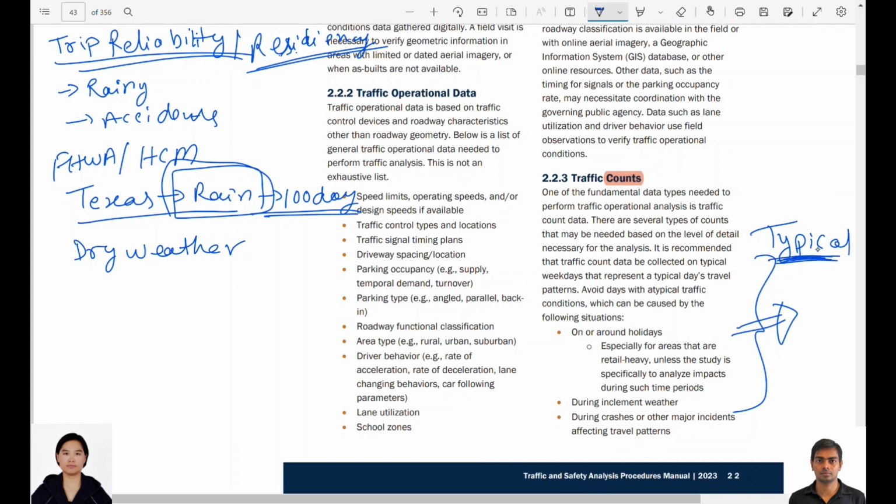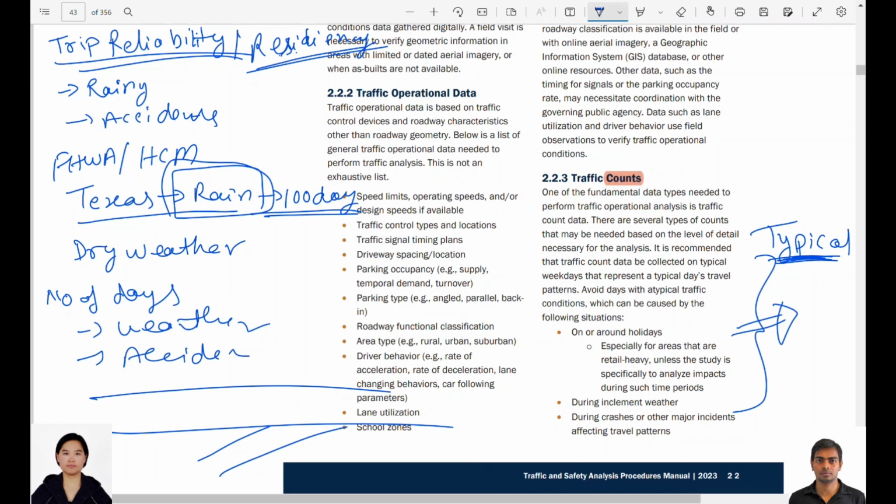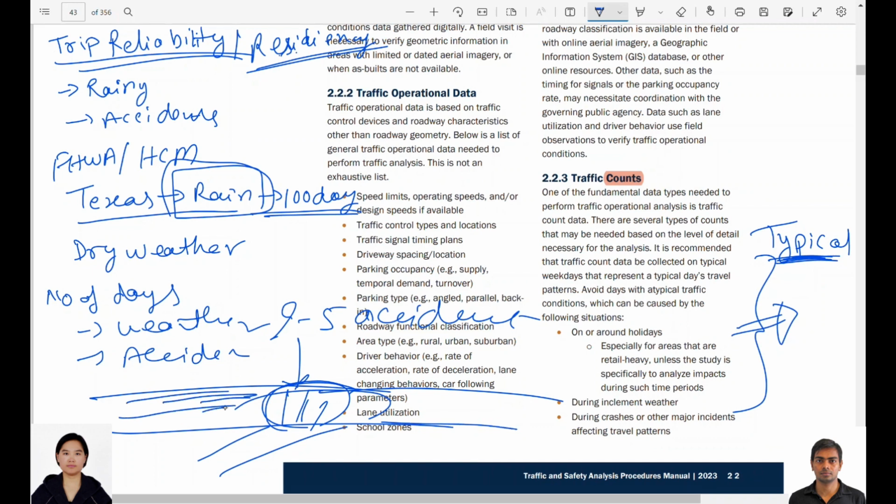However, the guidelines are changing and we need to consider the number of days where certain weather occurs. Let's say there is a roadway with a history of accidents, like 2 to 5 accidents per day. Then we cannot design this roadway assuming no accident on a typical day, because we know that on the majority of days there will be an accident.